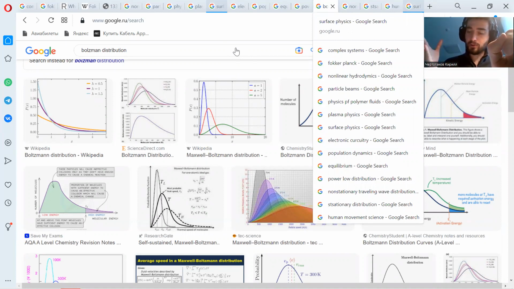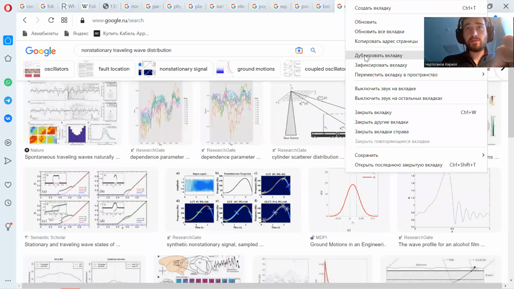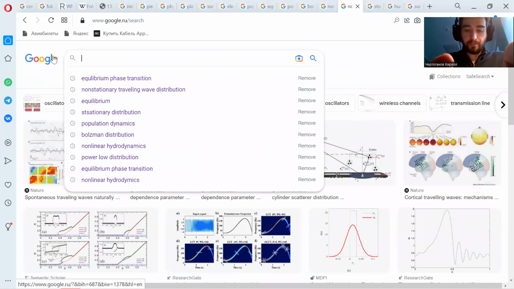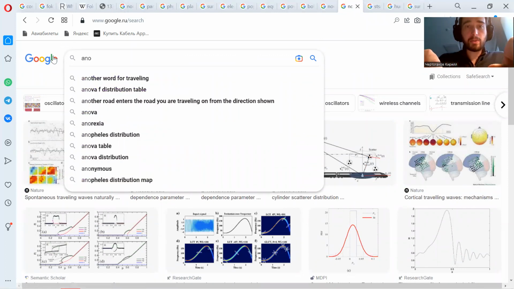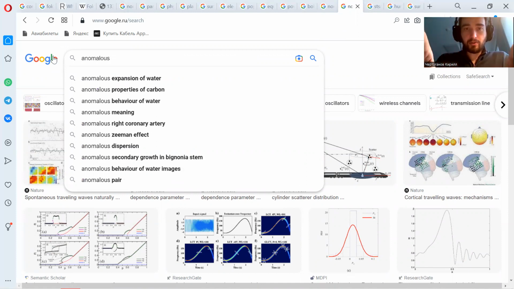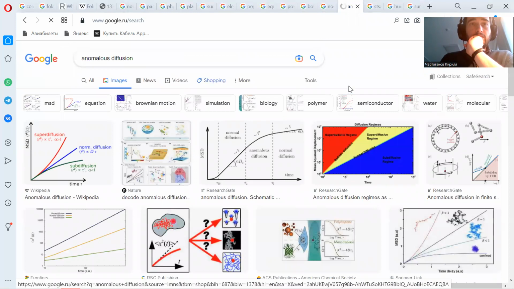It's called the diffusion term, and it'll be interesting to know how we can see anomalies in diffusion.